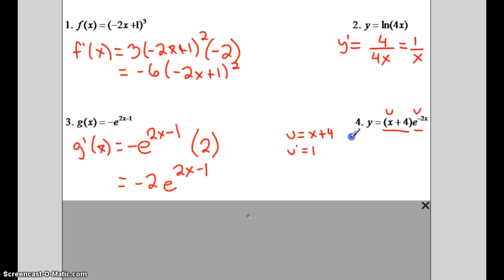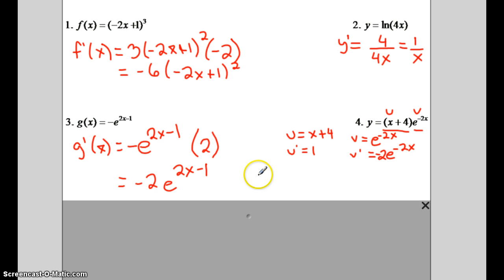And then my v is going to be e raised to the negative 2x. And then my v prime is going to be my new derivative. So I'm going to keep e with the same domain. Remember, my inside function doesn't change. But then I multiply by the derivative of the exponent, which is negative 2. So I'm going to make that my coefficient.